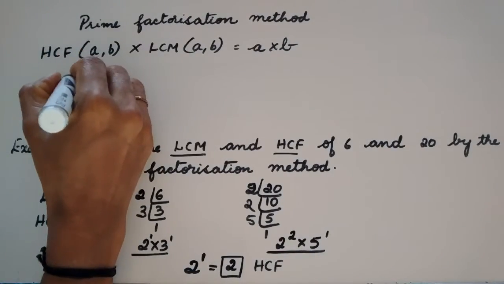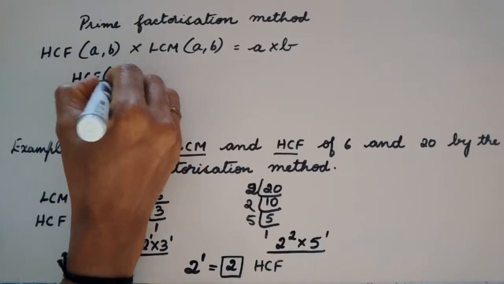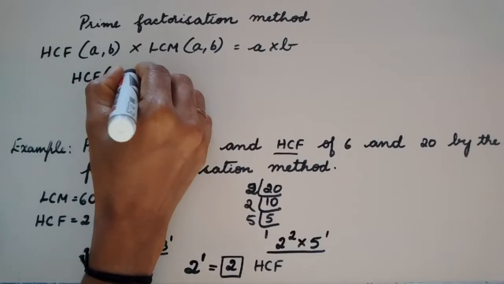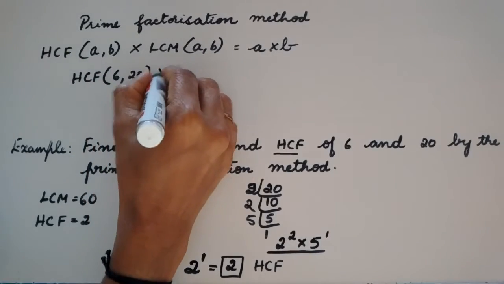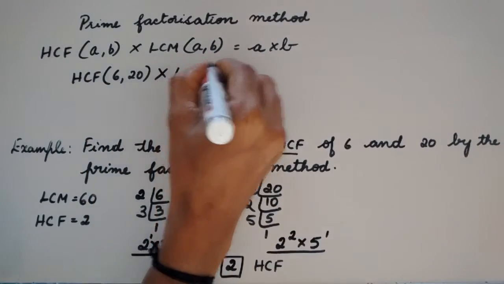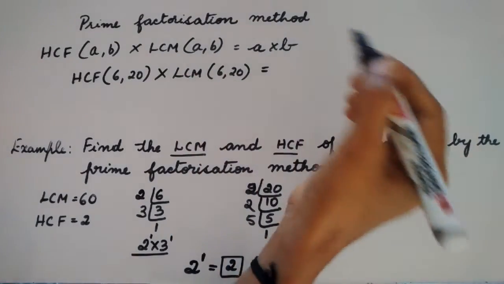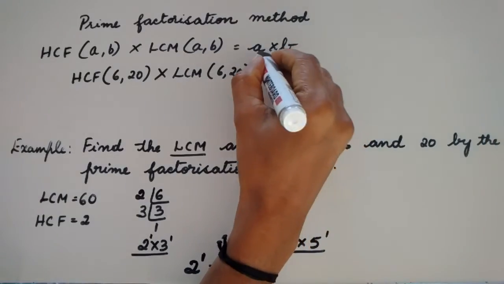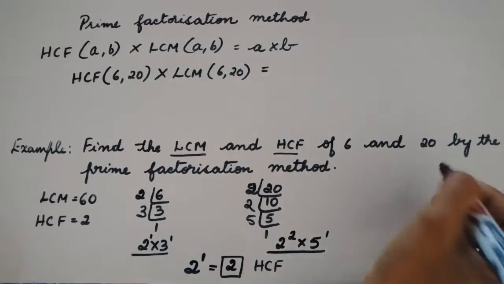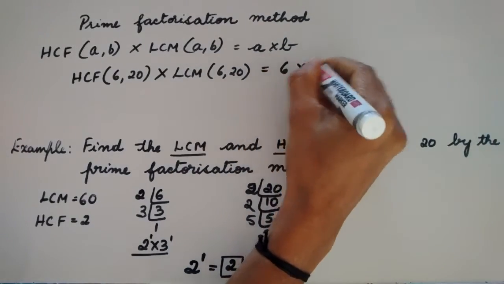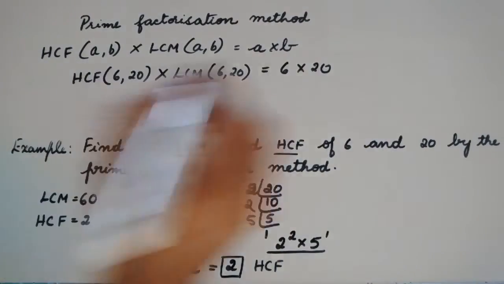So here we have HCF of 6 comma 20 into LCM of 6 comma 20 is equal to A into B. Now what is A? A is 6 and B is 20.